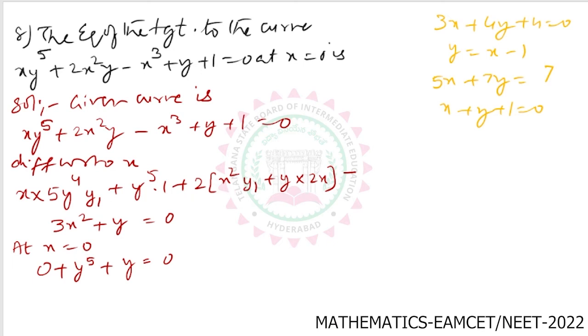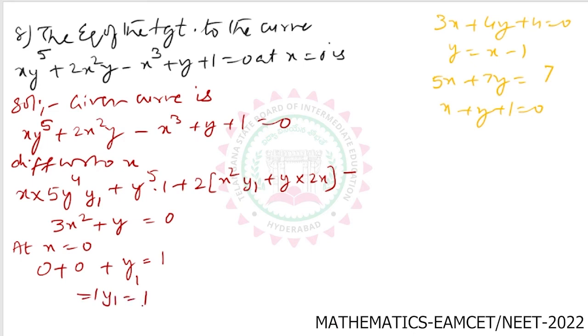Therefore, at x equal to 0, this is nothing but y dash is equal to 0, that is y1. Sorry, not 0, but it is nothing but 1. y1 is equal to 1.